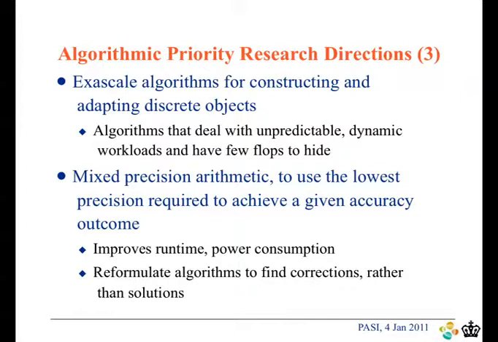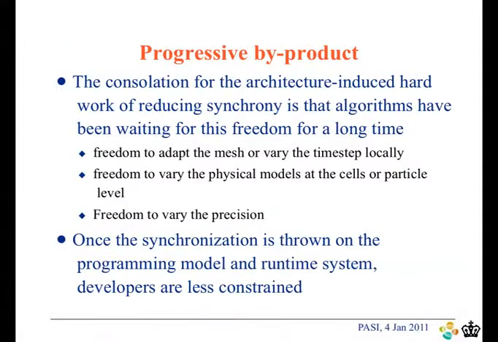There's a lot of integer work, a lot of pruning and reordering and partitioning and so forth. Mixed precision arithmetic is a real important frontier for numerical analysts to give their attention to: reformulate algorithms to find the corrections, the lower bits, rather than to work with the full resolution of the problem. A progressive byproduct.